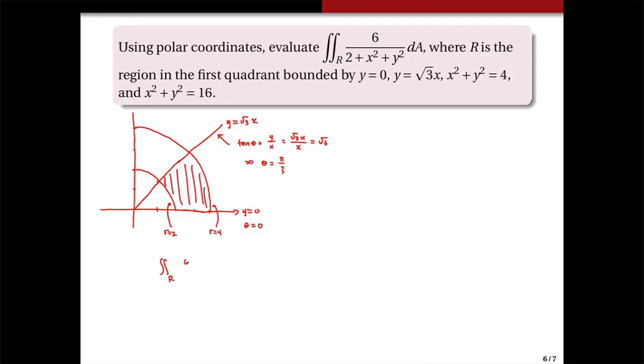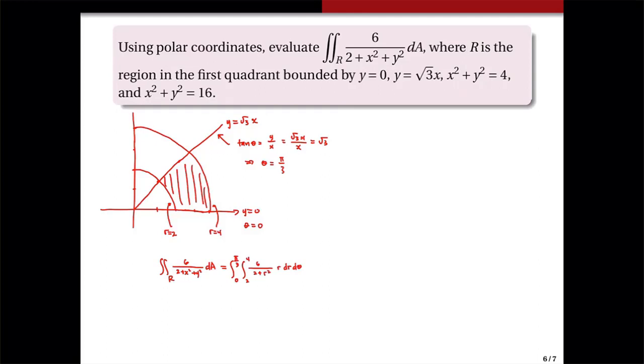Which means that the double integral of 6 over 2 plus x squared plus y squared dA, we can convert into the double integral from 0 to pi over 3, integral from 2 to 4 of 6 over 2 plus r squared, and then r dr d theta.